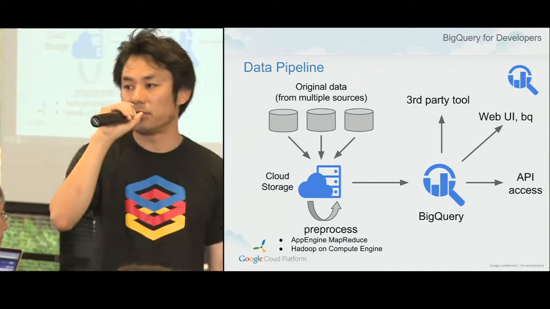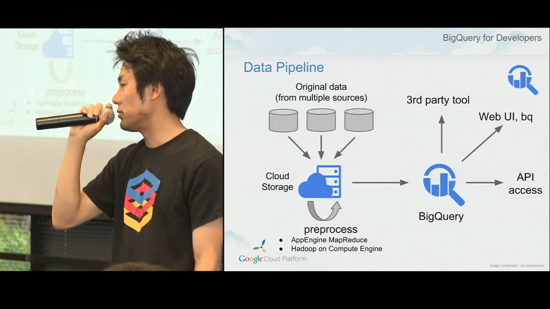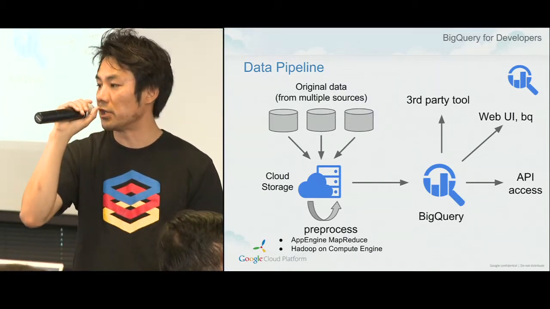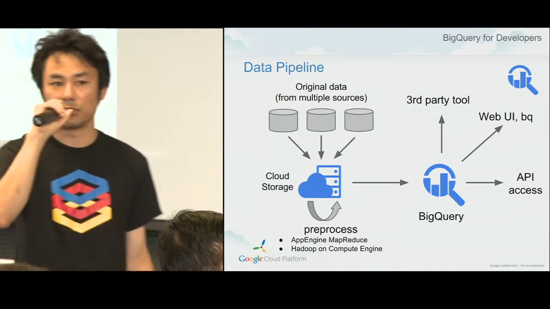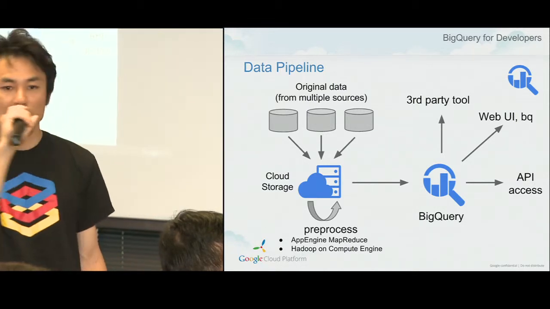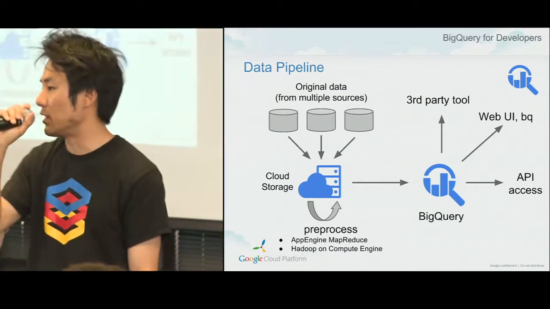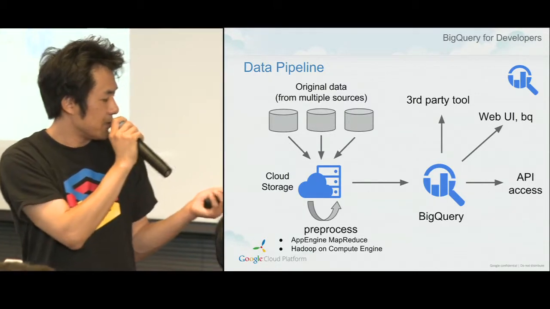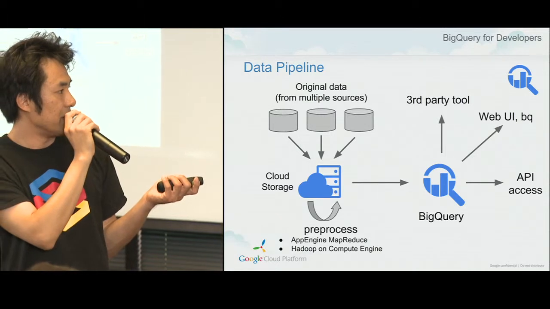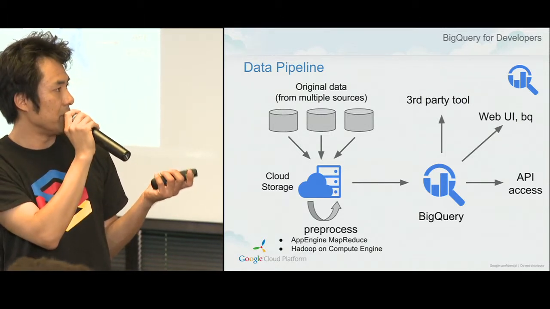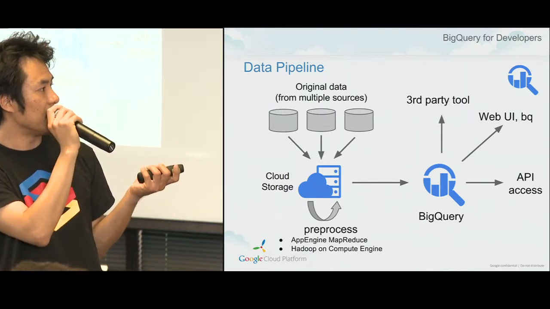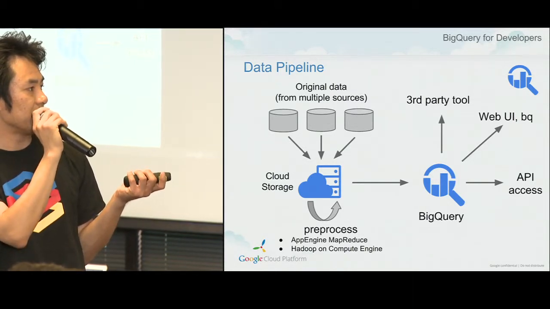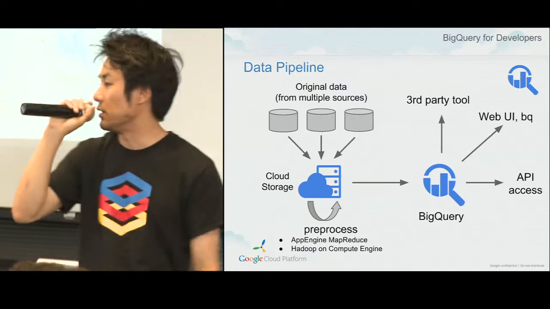You might have the IP address of the user, but you are not really interested in the IP address. You are more interested in geolocation, so you can resolve the IP address into city names, state, or country. After the pre-processing is done, the data is ingested into BigQuery, and you can use a third-party tool like Tableau, BIM, or the Web UI, BQ, or API access for further analysis.